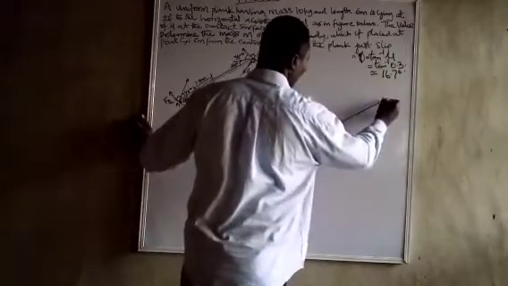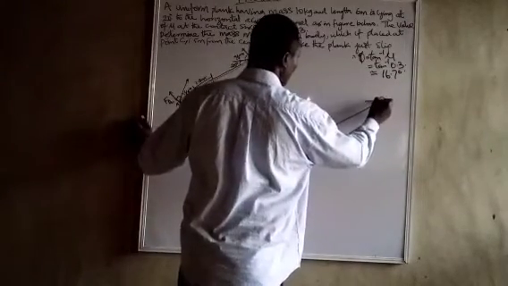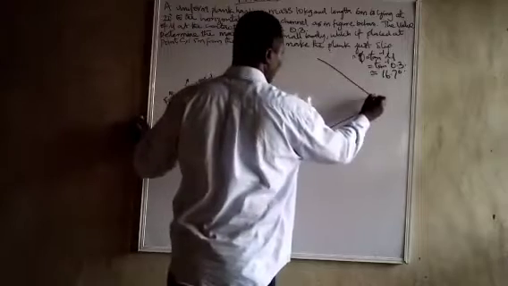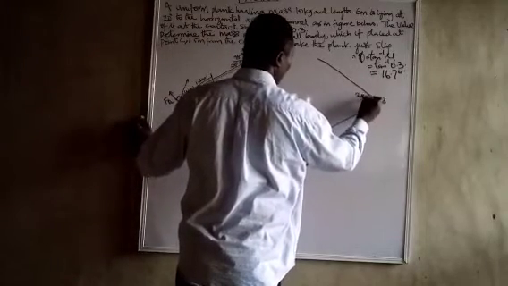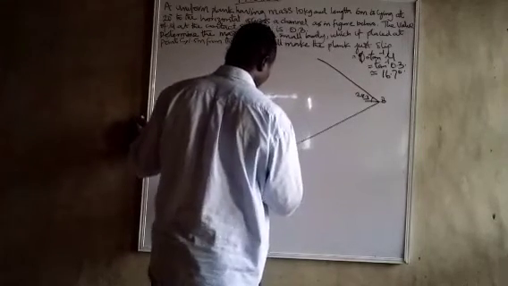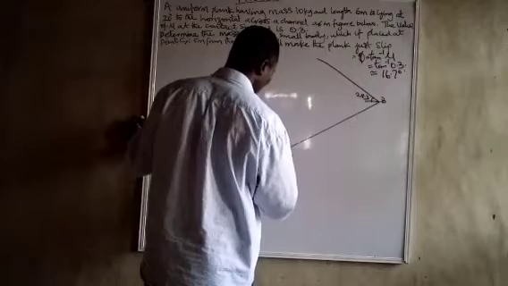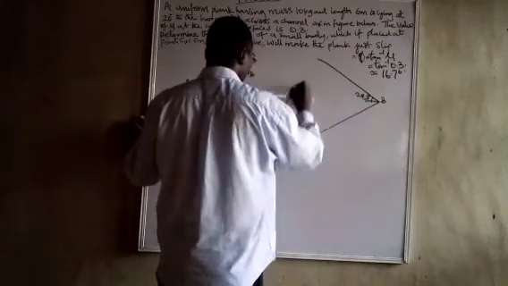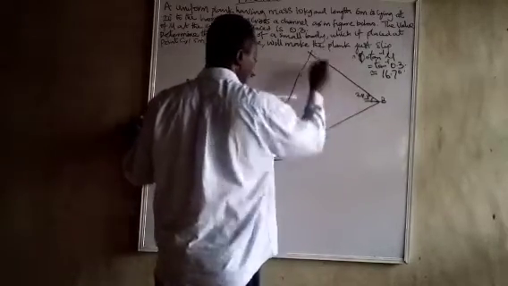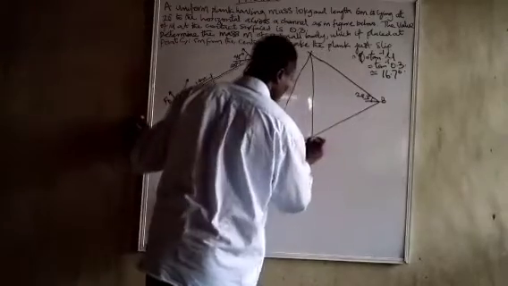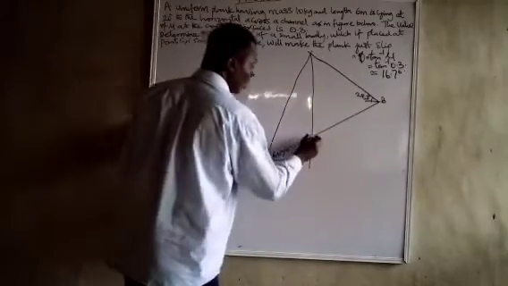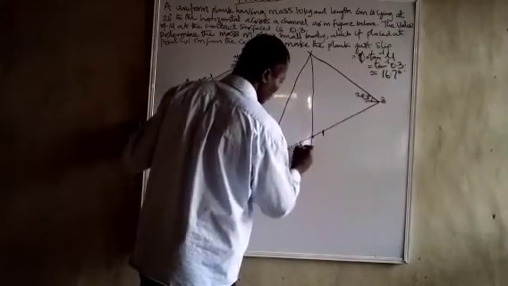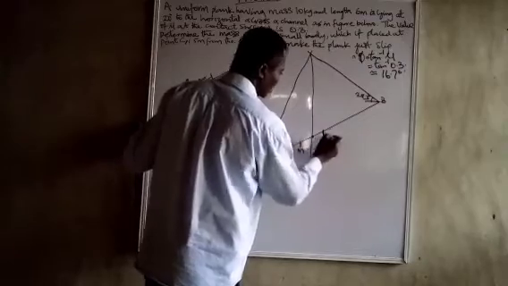AB, and we have 28.3, and this is 61.7. At the point of intersection of these two, this will be the point of the resultant of the force of m and 10.